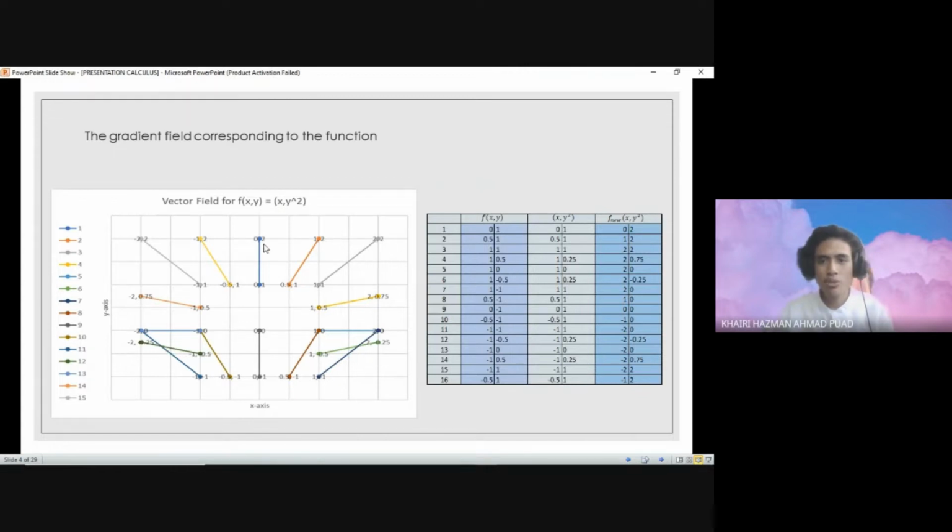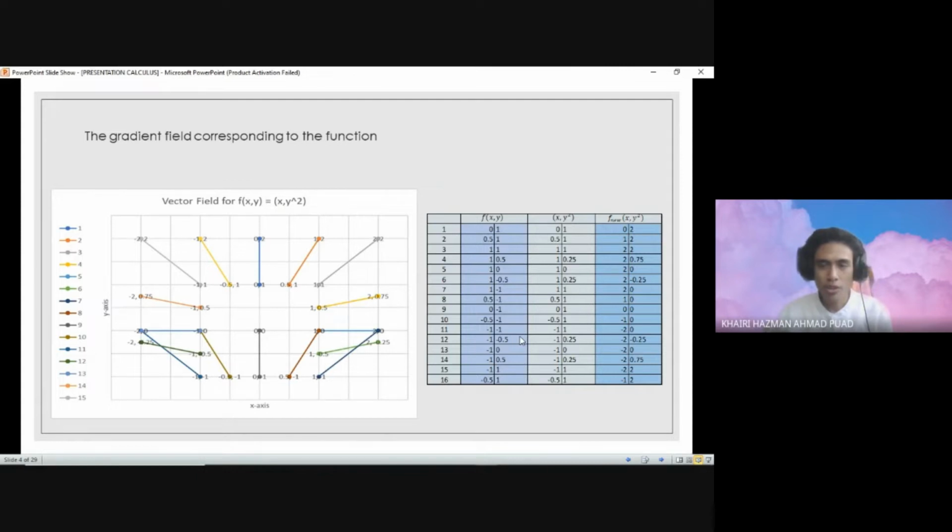We just assume any point in the function f(x,y), which is shown at the right side: (0,1), (0,0.5), (1,1). For these points, we just assume any point.